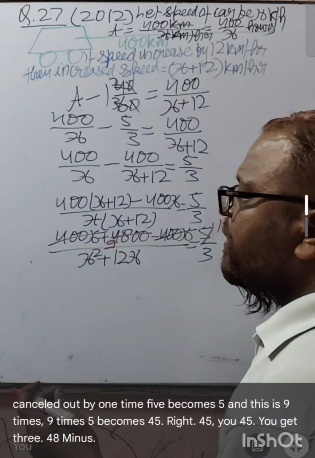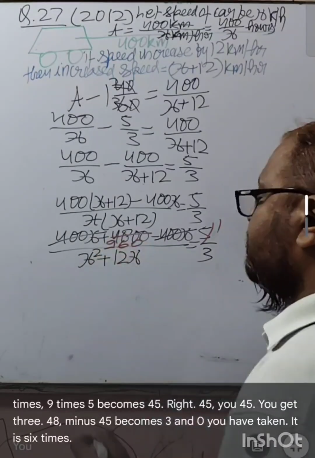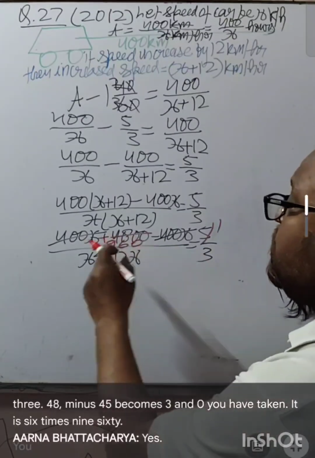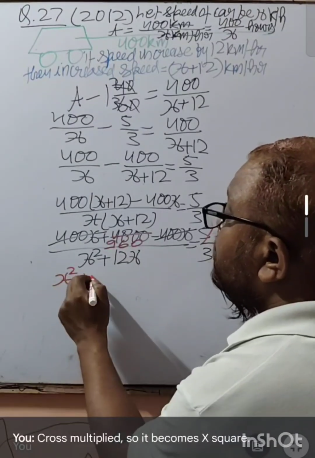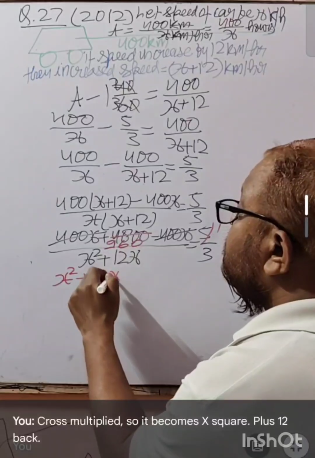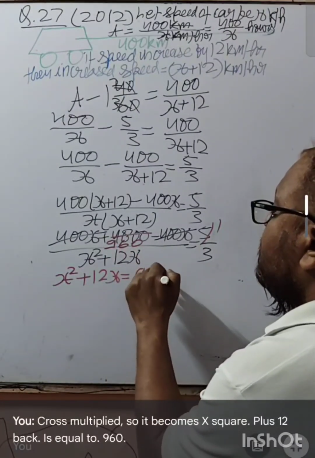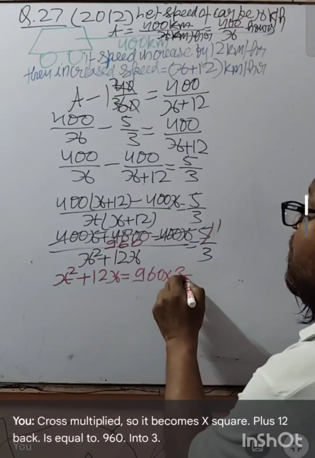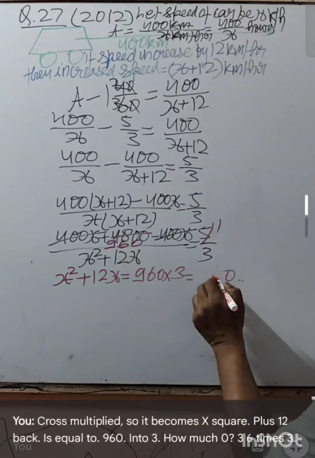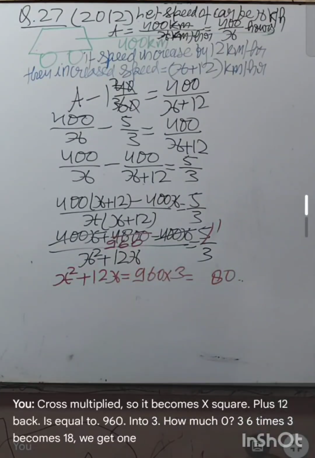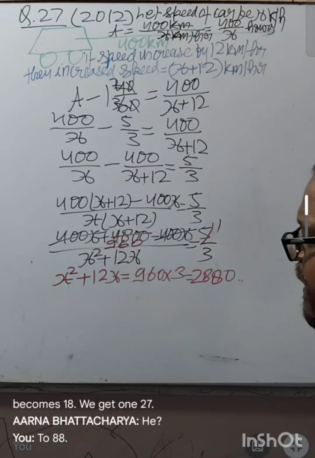48 minus 45 becomes 3, and it is 6 times 960. Cross multiplied, so it becomes x square plus 12x is equal to 960 into 3. 6 times 3 becomes 18, we get 2880. Right?